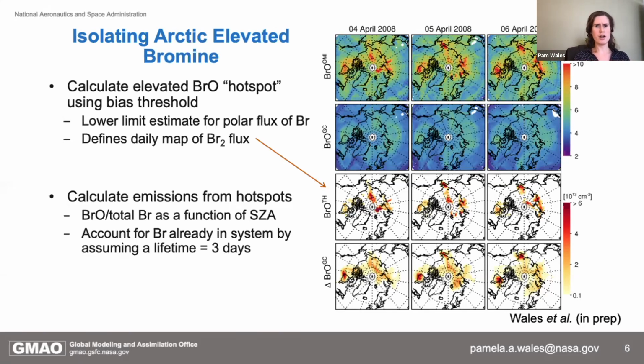In general, we are able to capture the magnitude of the OMI-based tropospheric hotspots, and we're generally well correlated with it over the course of the day. But there are some regions where we either over or under represent the tropospheric hotspot column.